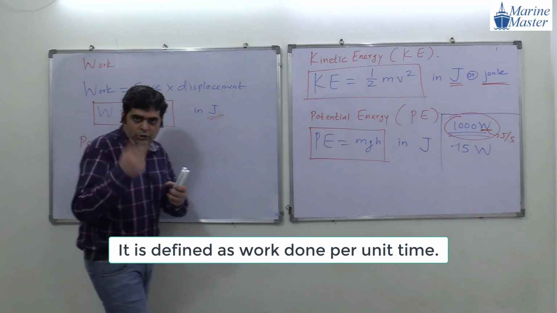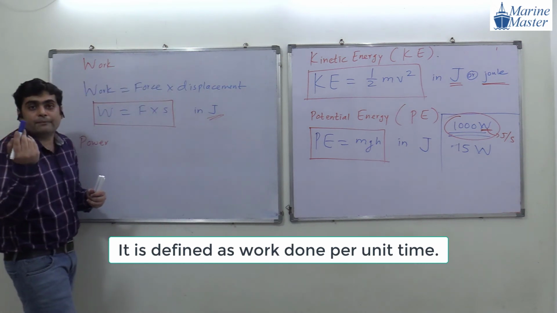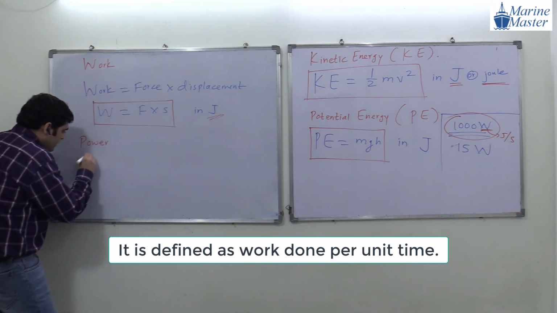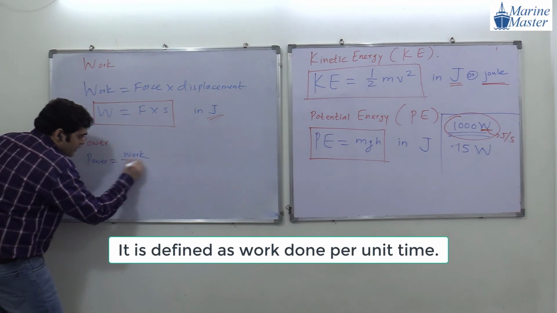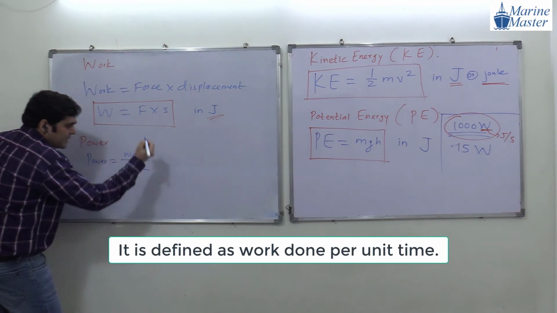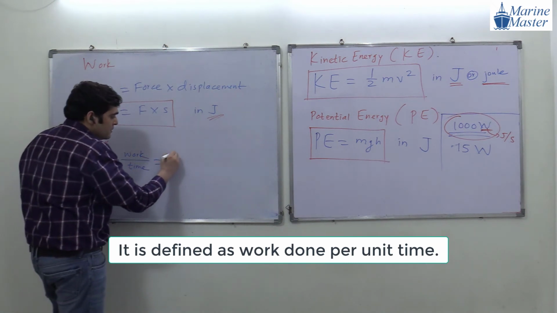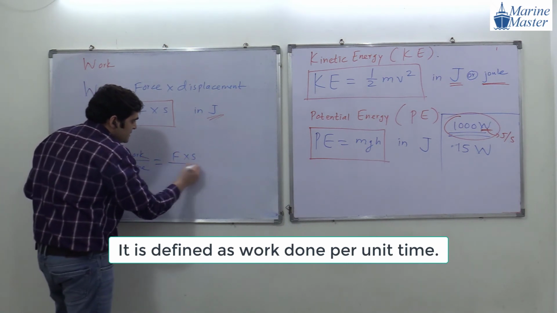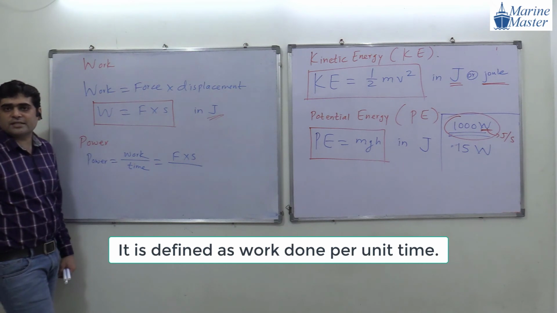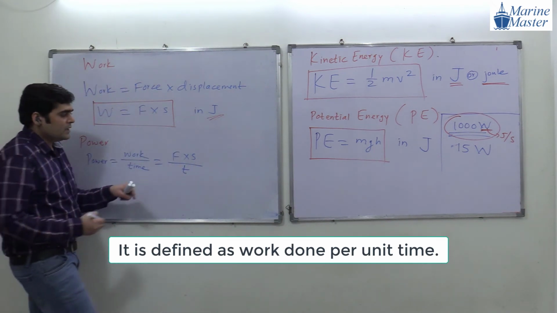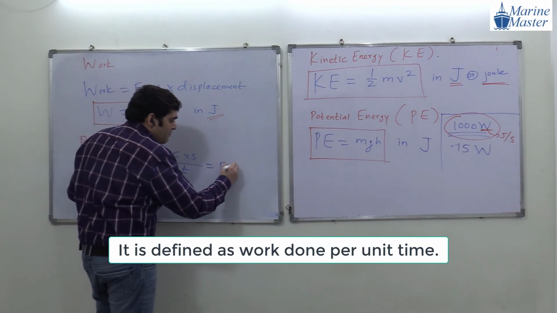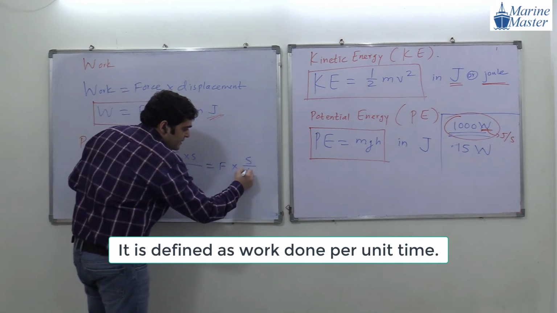So how do we write work done per unit time mathematically? Power is equal to work by time. Work is F into S, and time is T. So we can write F into S by T. Can I write like this?